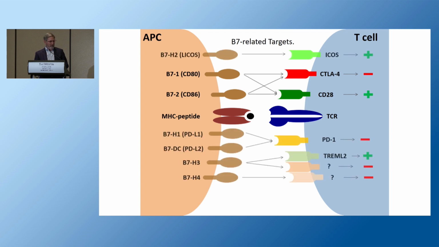And all of the molecules that are up and targetable right now have this same sort of characteristic of the ligand doing something different than the receptor does, and they're being balanced between co-inhibitory and co-stimulatory receptors.